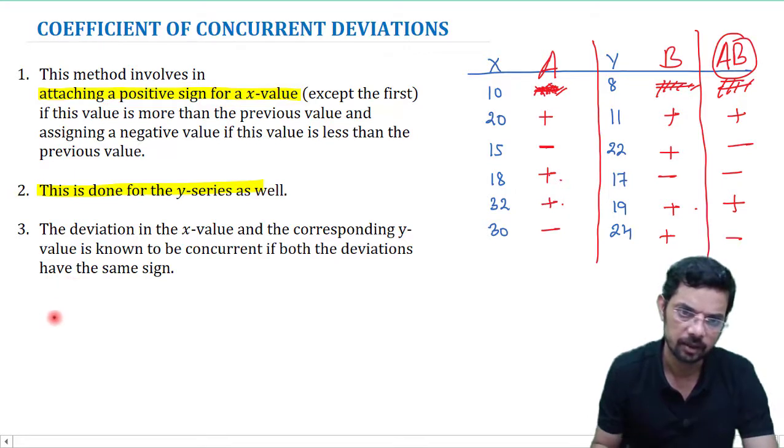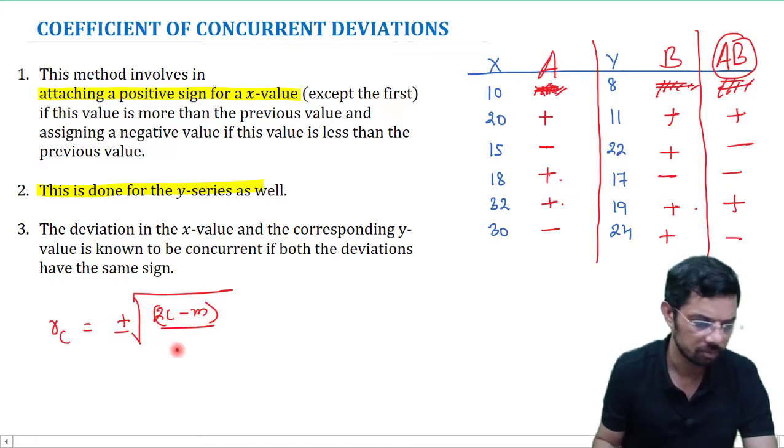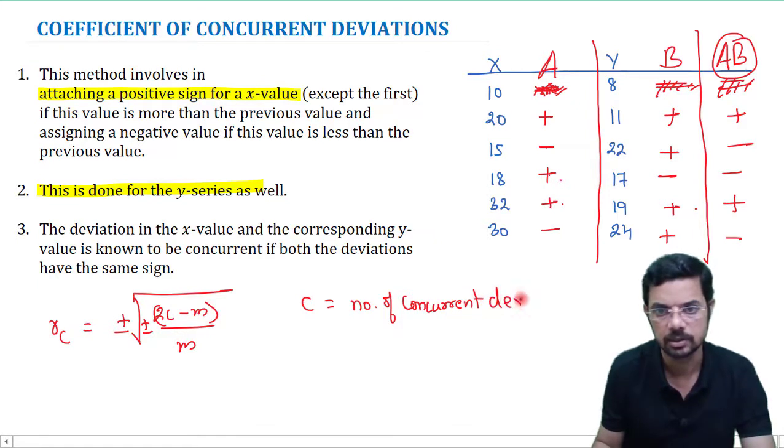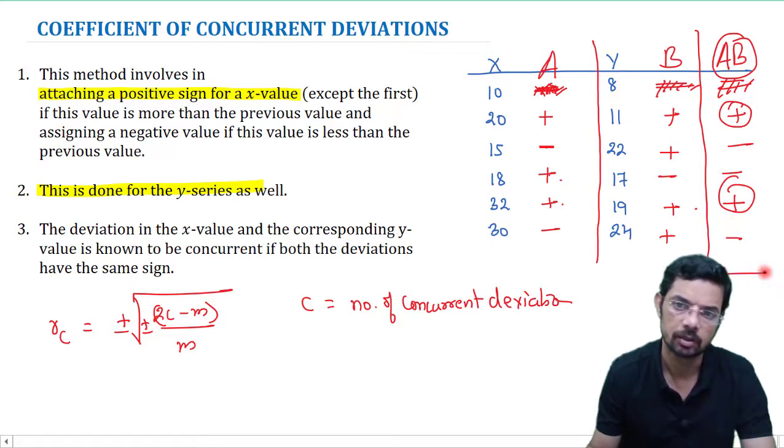So we had RC equal to plus or minus under root of plus or minus (2C minus M) divided by M, where C was the number of concurrent deviations. How many concurrent deviations are there? The number of positive signs: 1 positive, 2 positive. So the number of concurrent deviations is 2. So C is equal to 2.